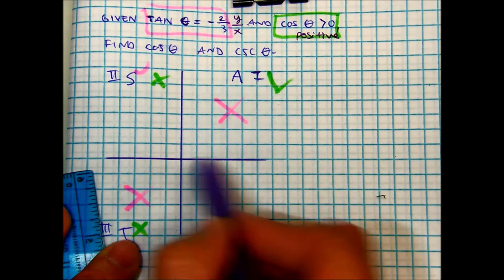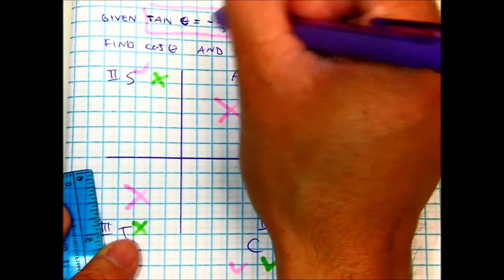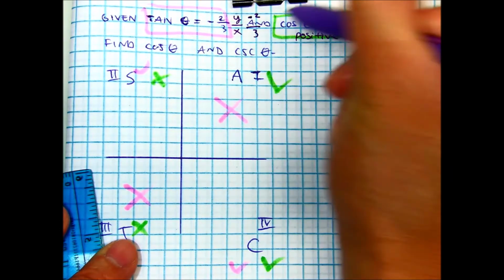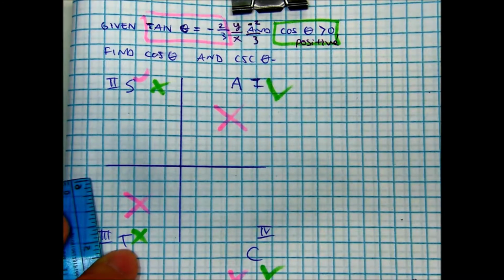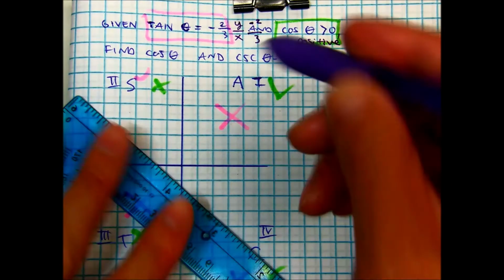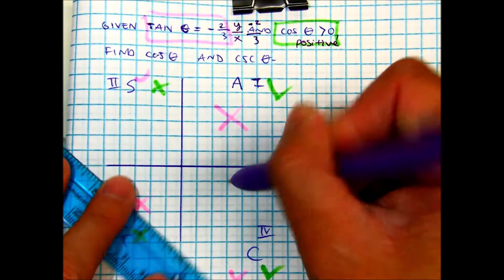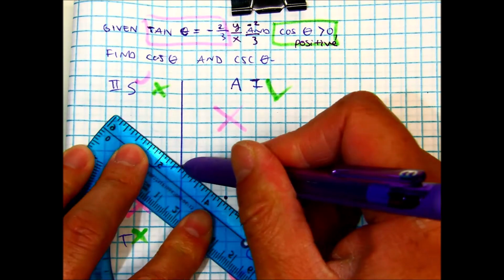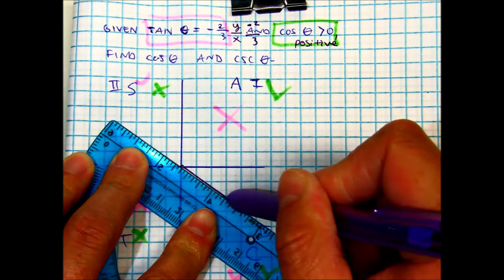The x's are positive. So in this fraction, to make it more clear, you can have negative 2 over 3. The reason is because in quadrant 4, we usually draw a positive 3 and then a negative 2. And then our ray, terminal side in quadrant 4 looks like this.